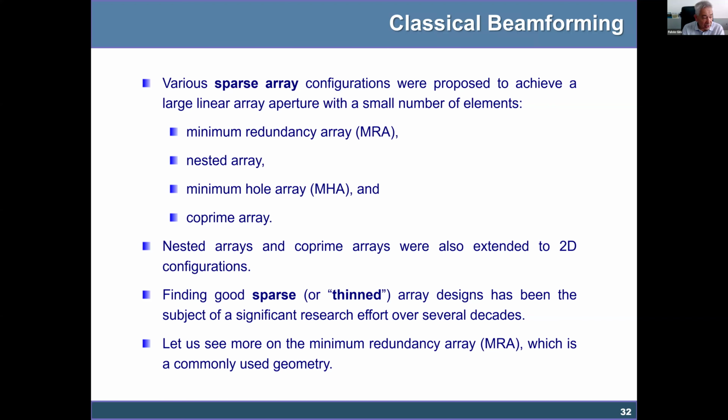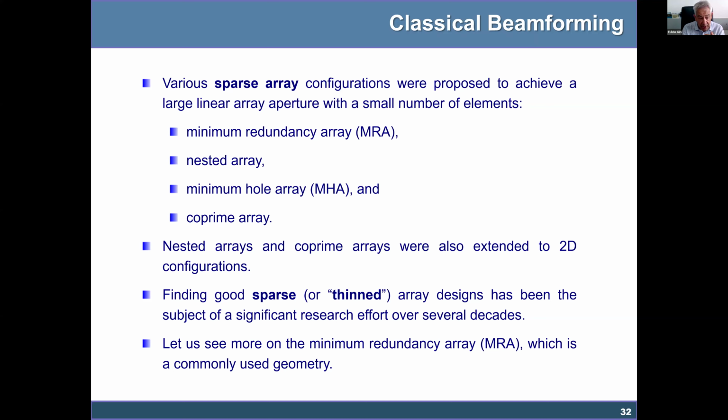We cannot just increase the distance, because at some point we have the grating lobes. So the idea was to use a non-ULA, a non-uniform linear array. So linear, but not uniform.